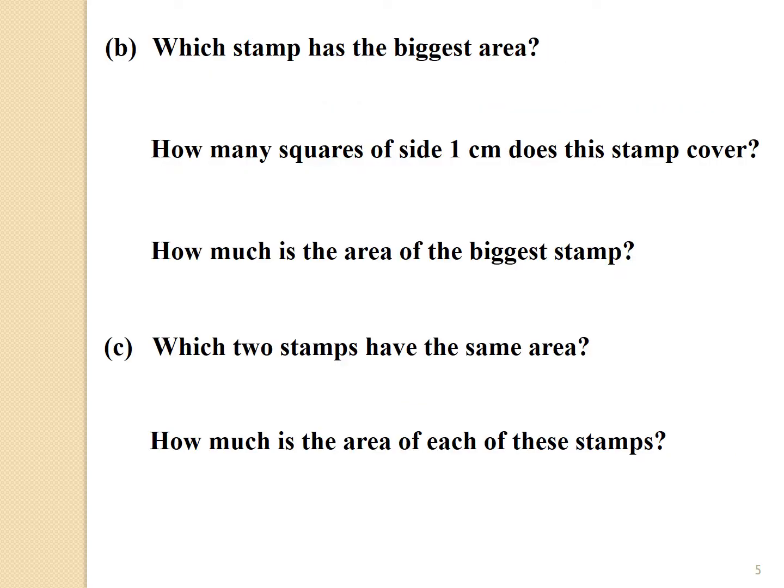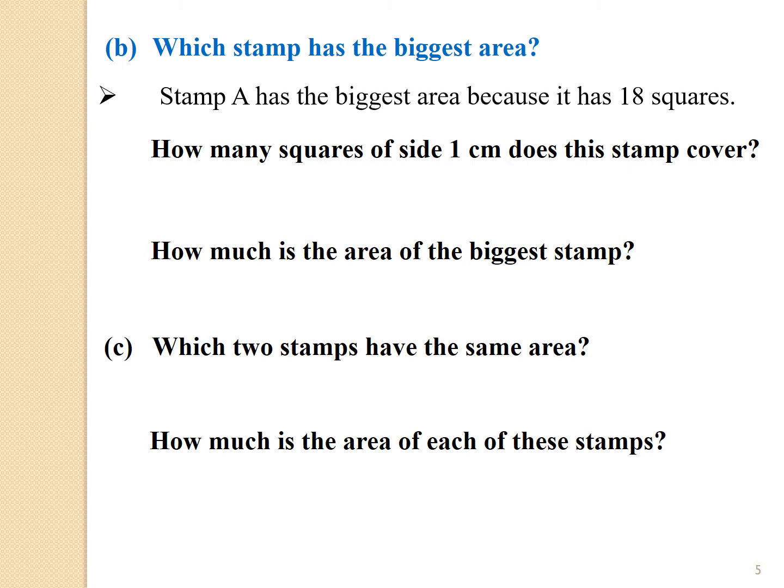Now, sum B. Which stamp has the biggest area? Stamp A has the biggest area because it has 18 squares. How many squares of side 1 centimeter does the stamp cover?